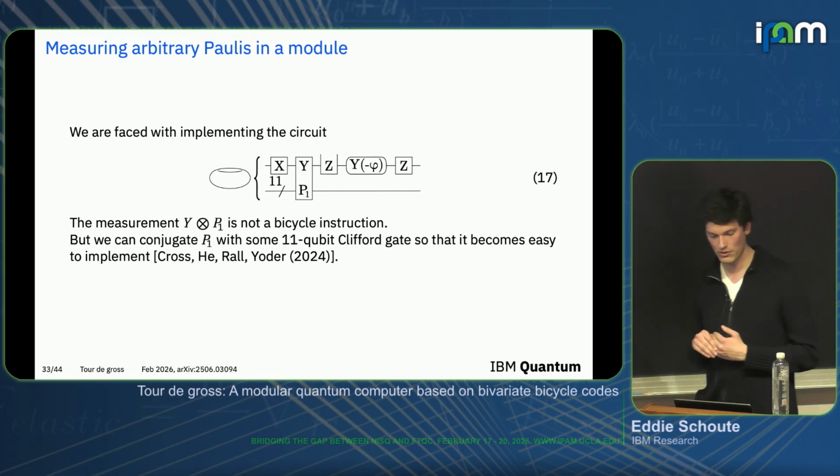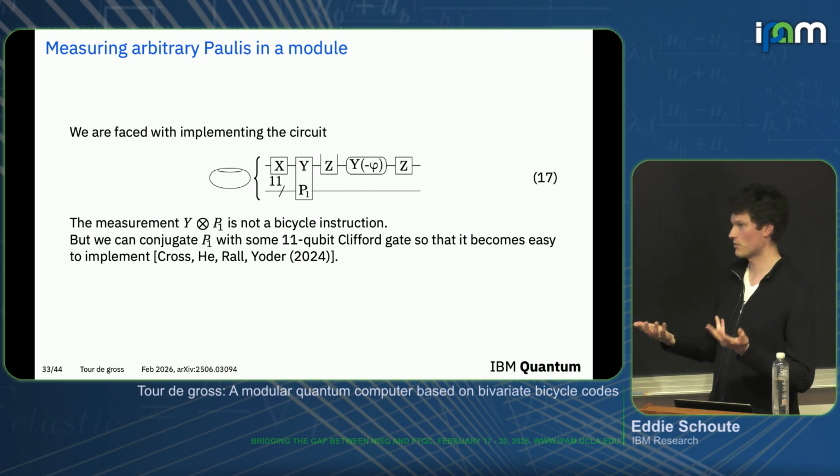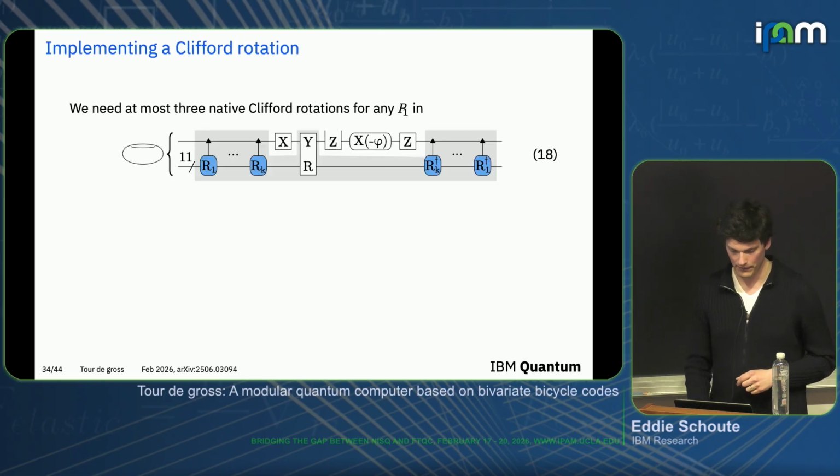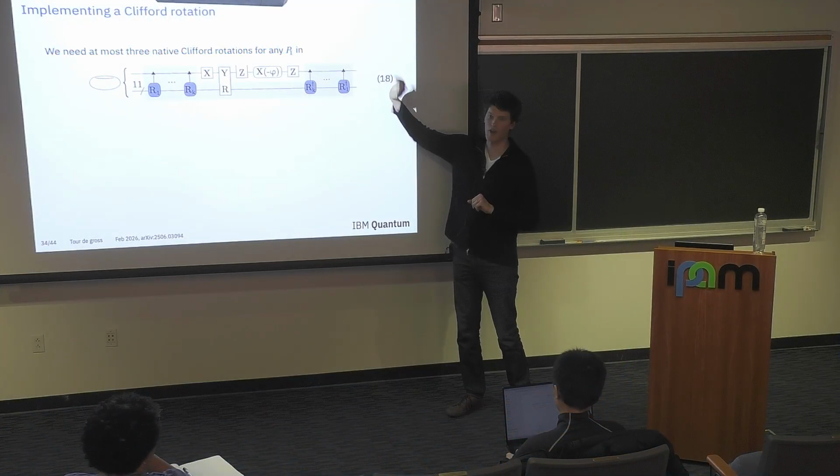So what we do instead is we conjugate this P1 Pauli string with some 11 qubit Clifford gates so that it does become available to us within the architecture. So we find some Clifford rotations that use this ancilla qubit here. We use this notation, triangle, to mean that it's trashing.